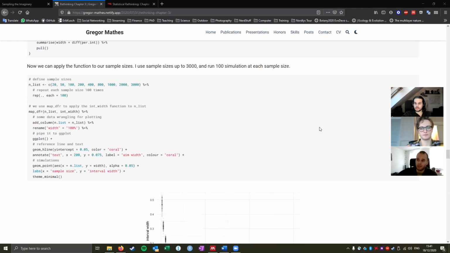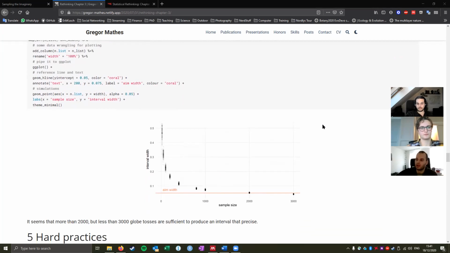And then using a map function, I was applying the int_width function to each sample, and then plotted the values. And what you can see is on the x-axis the interval width.